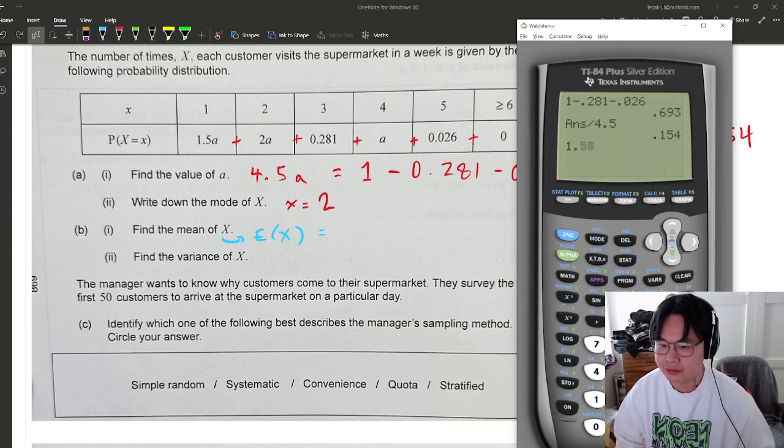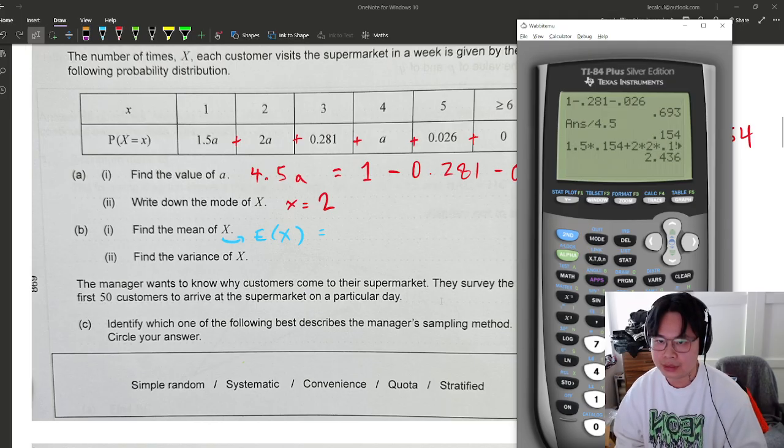So we have 1 times 0.154 plus 2 times 0.154 plus 3 times 0.2181 plus 4 times 0.154 plus 5 times 0.026, and then we get 2.44.